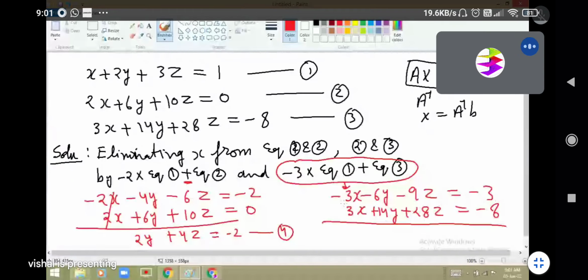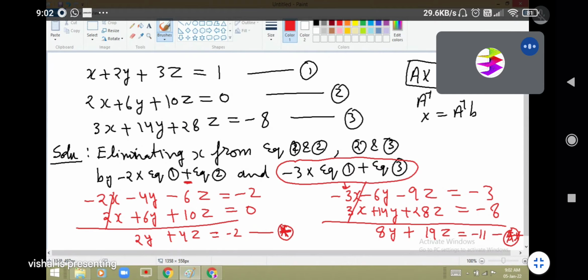This becomes 8y plus 19z is equal to -11. This is your equation number 5. For now, let me call this equation number star and this equation number double star.